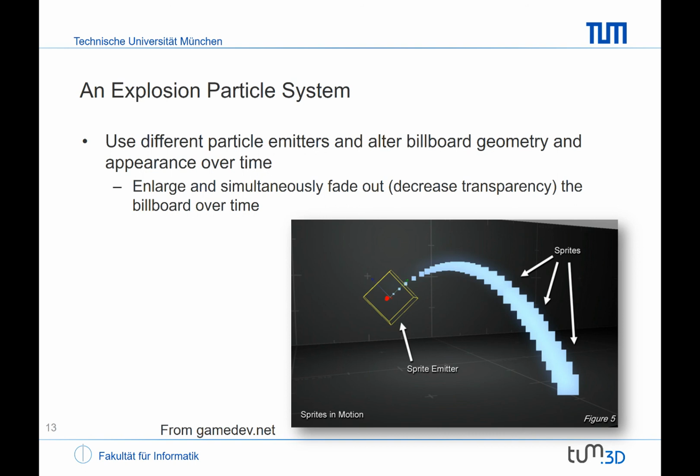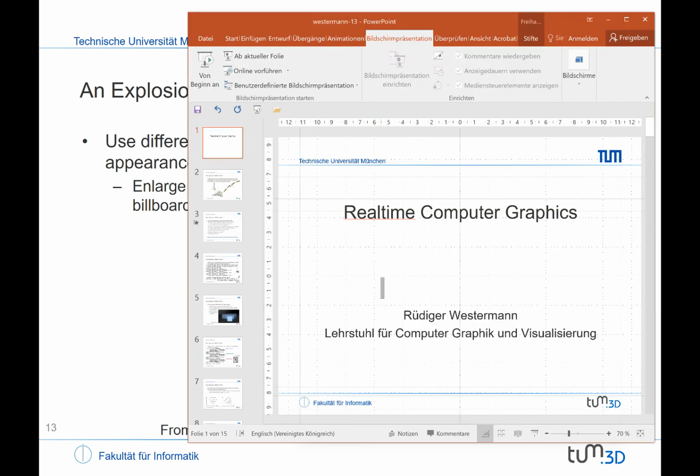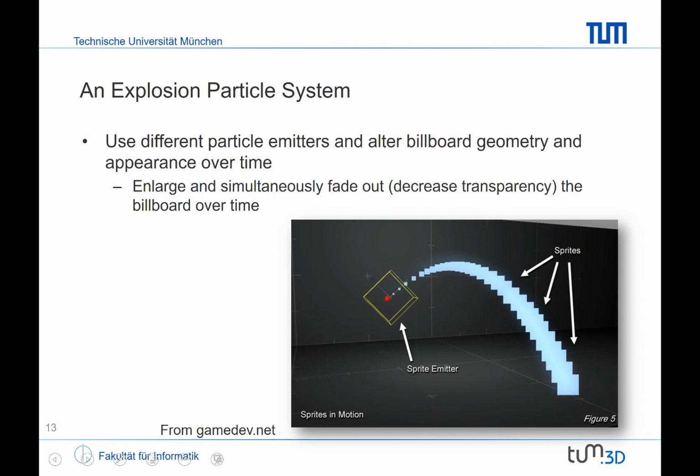But then, because the particles are spawned away from that collision center, with increasing time, when the particles move further away from that particle center, and you would always use very tiny billboards, then of course you would not get a very dense volumetric appearance anymore.